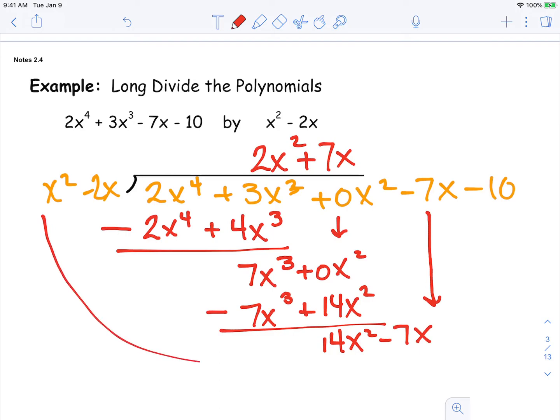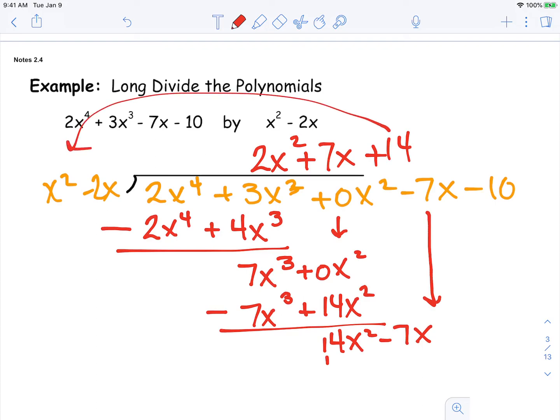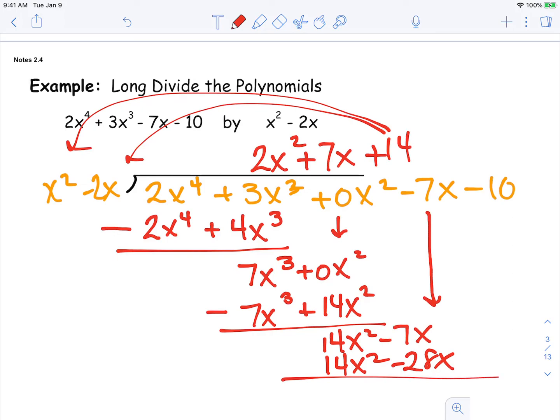So x squared divided into 14x squared is 14. Multiply 14 times x squared is 14x squared. 14 times negative 2x, negative 28x. Subtract all the way through.